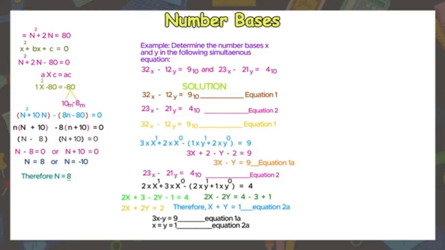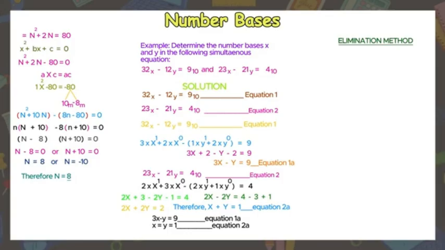Now, for simultaneous equations, we can use the substitution method, we can use the elimination method, we can use the graphical method, even we can use the matrix method. Let's use the elimination method. In the elimination method, we want to eliminate one variable. So here we subtract equation 2 from 1.